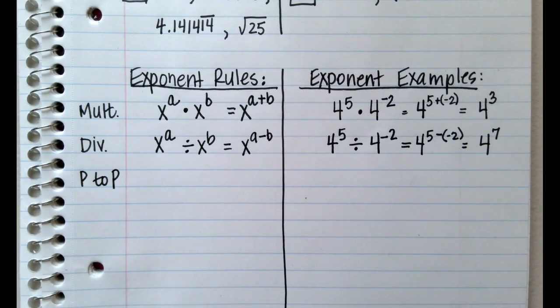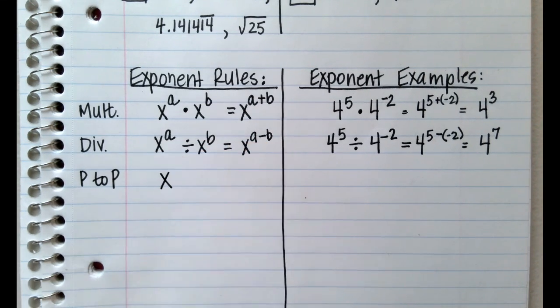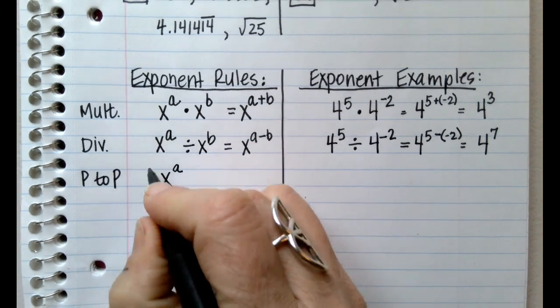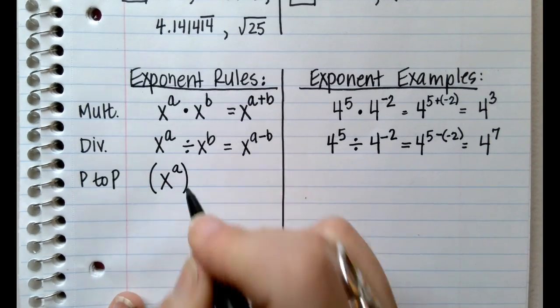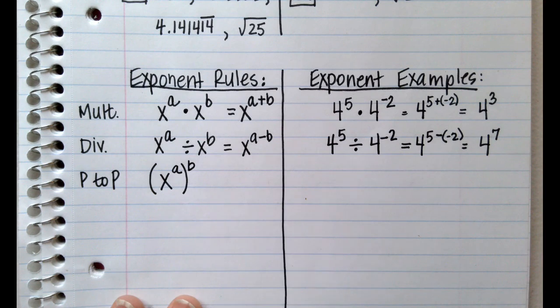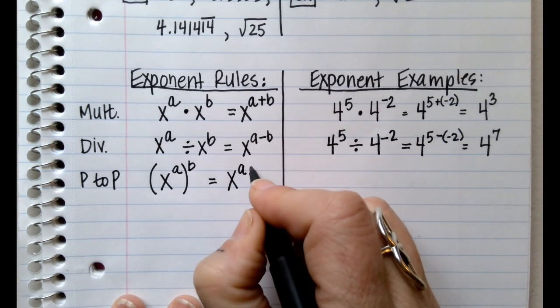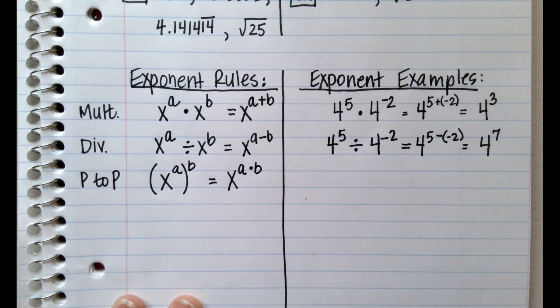Okay, the next rule was power to power. And what that looked like was if I had a base of x, let's say, and it was raised to the a power, and then that whole thing had parentheses around it and raised up again to another exponent. Here I keep my base and I multiply those exponents.